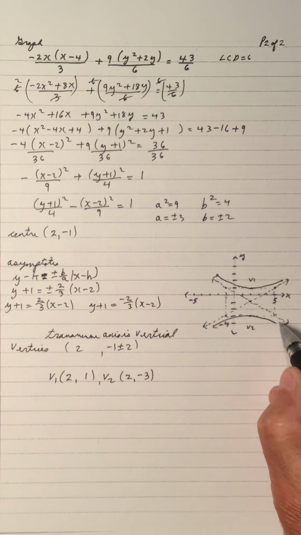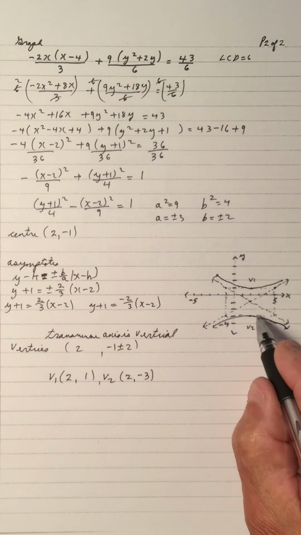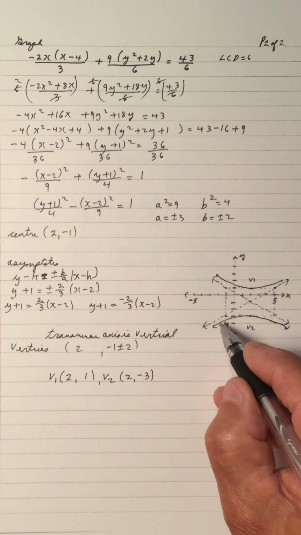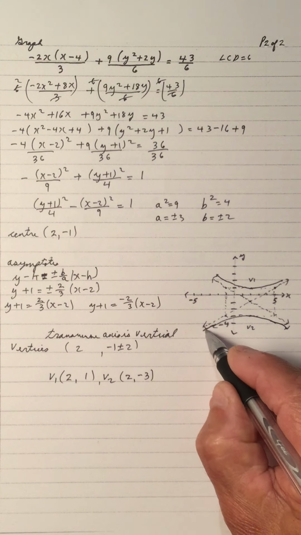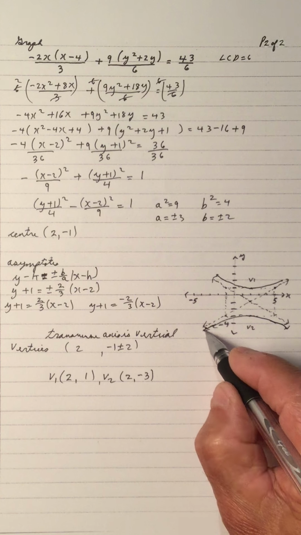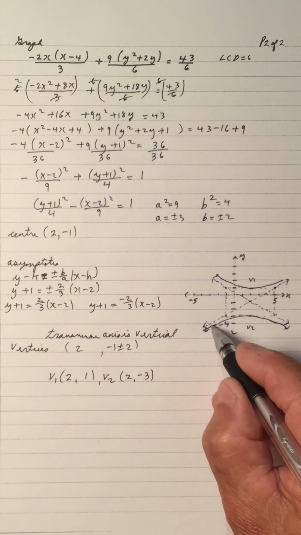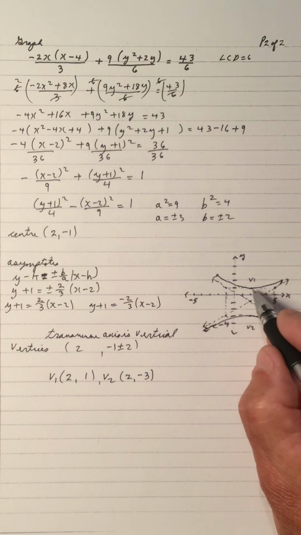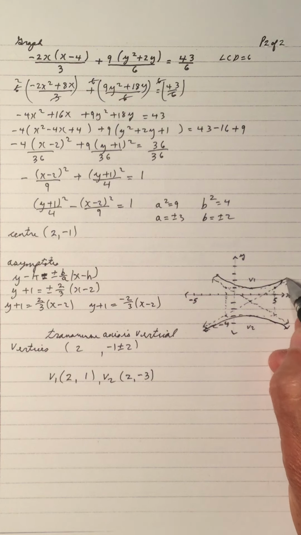There it is. It goes out and gets closer and closer. So as x goes to infinity, the y value gets closer and closer to this asymptote. As x goes to negative infinity, the values of y get closer and closer to this asymptote. And the same up here. You can see it goes out closer and closer.